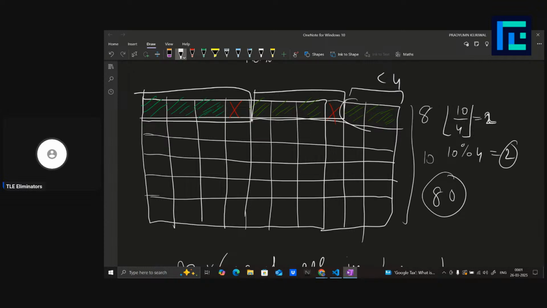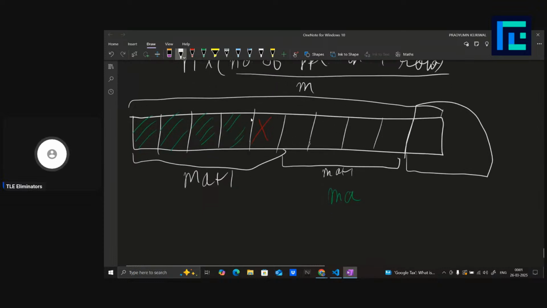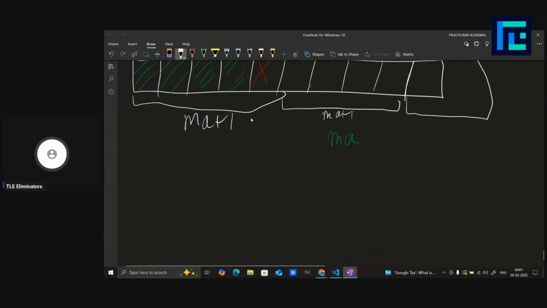So in the end, you will get 2 cells remaining, and those 2 you can fill with the green color. So again, you will fill ma with green and then skip one. Then again you will fill ma with green, then skip one, and so on. So in the end, what you have is m divided by (ma plus 1), floored, this many cycles filled.